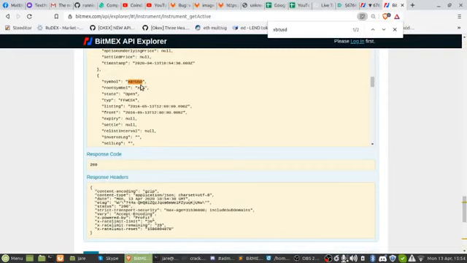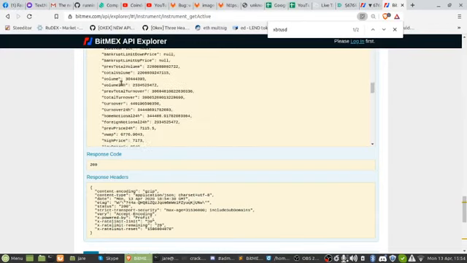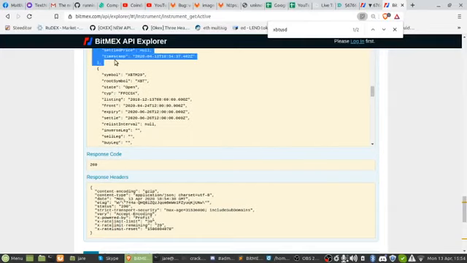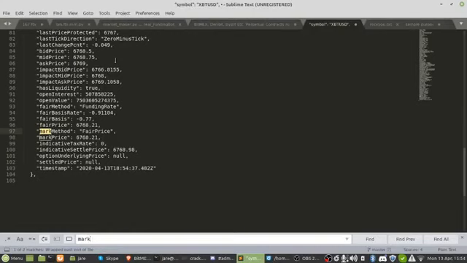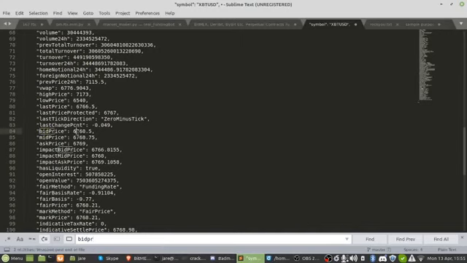This is the Bitcoin US dollar perpetual contract. If we look for the mark price, let's copy all this over. We're going to see the mark price is 6768, and we said that should be above the price for the perpetual contract. Oh, not by much.